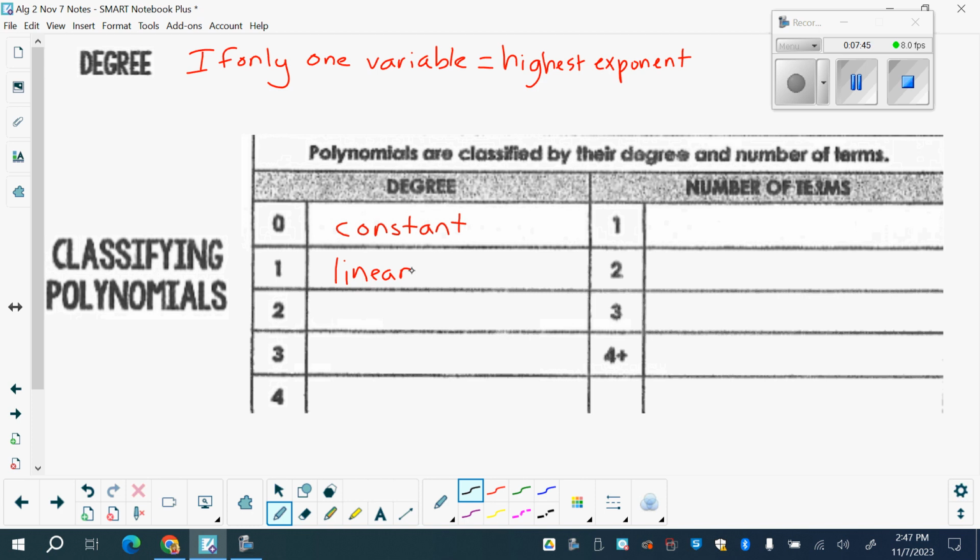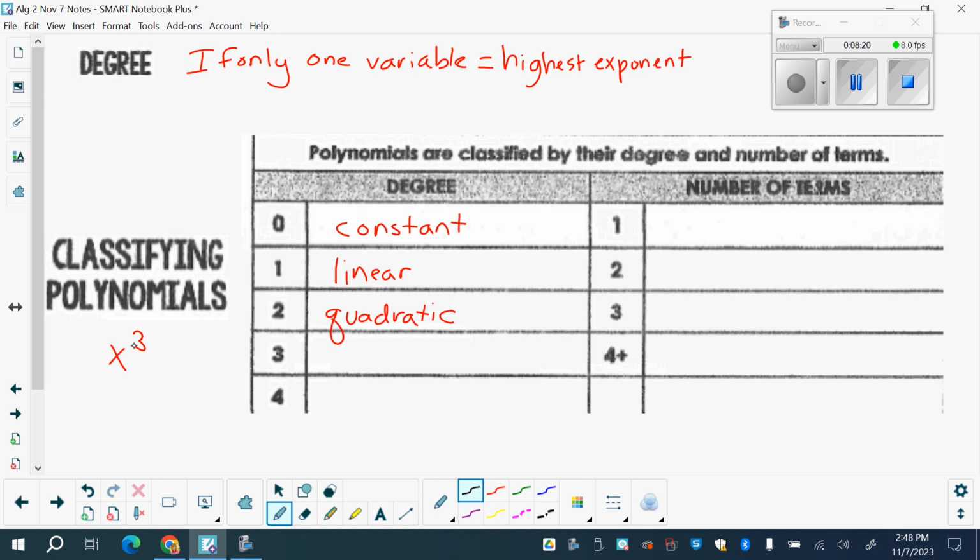So if it's a degree of 2, we use a word starting with the letter Q. What was that word? Quadratic. You're going to want to write these down because you won't necessarily remember them. So it's a degree of 3. Anybody have any idea what it would be if it's a degree of 3? So say we have this, x to the exponent 3.